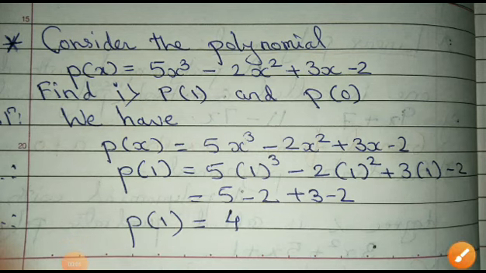Hello children. In the previous video, we started with a new chapter, polynomials. We have seen what a polynomial is. Yes, it was an algebraic expression having whole numbers as the exponents of the variable. Then again, we have seen various types of polynomials.